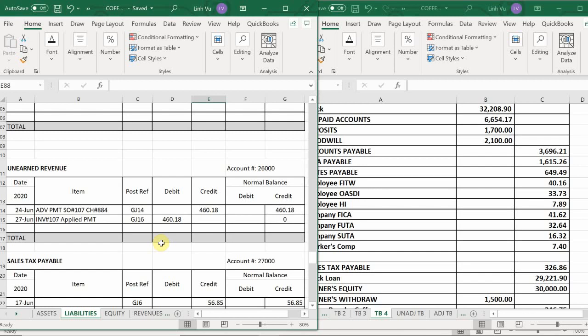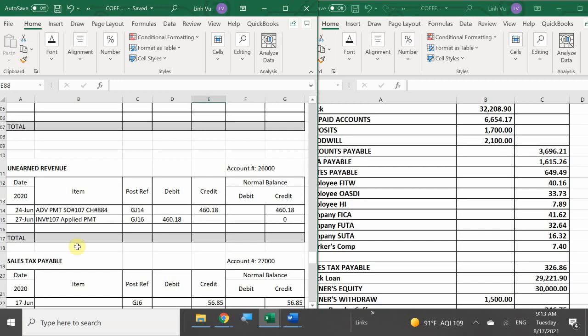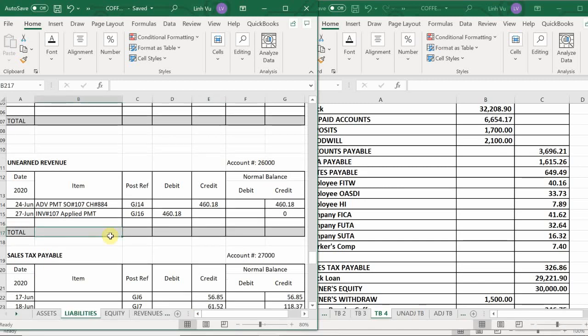Well, the balance is 0, so there's no point in including it. It doesn't affect whether I increase my debits or decrease my credits. At this point it's 0, so it adds nothing to my list, and I don't need to include it.